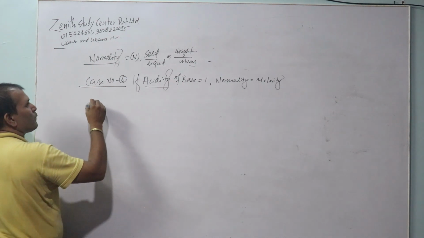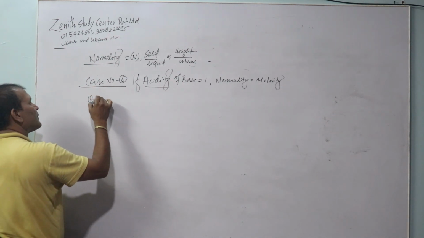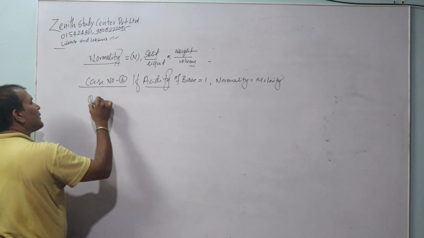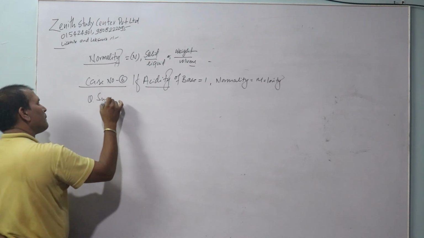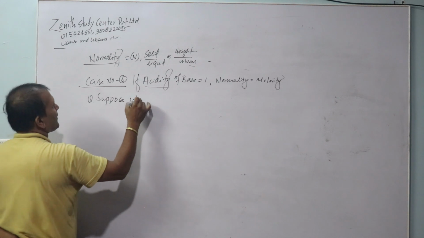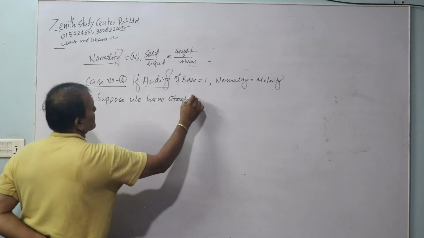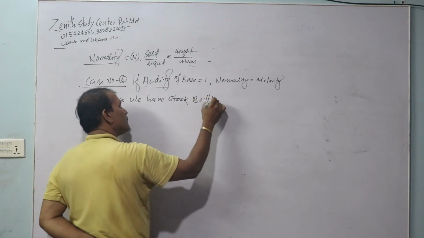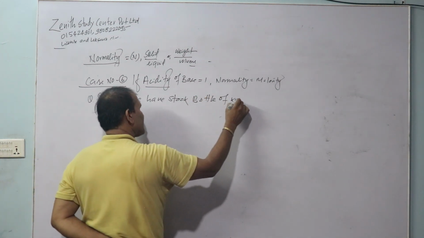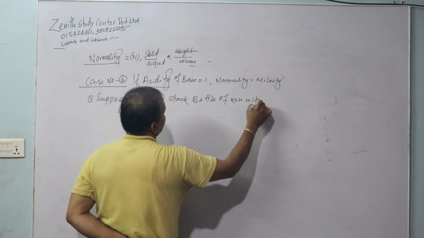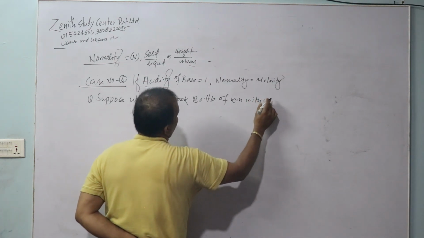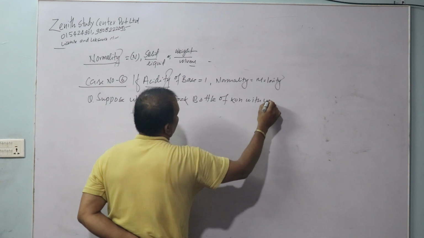So question: suppose we have a stock bottle of potassium hydroxide with 4 normal.